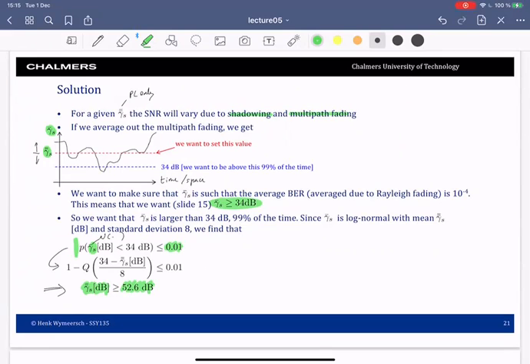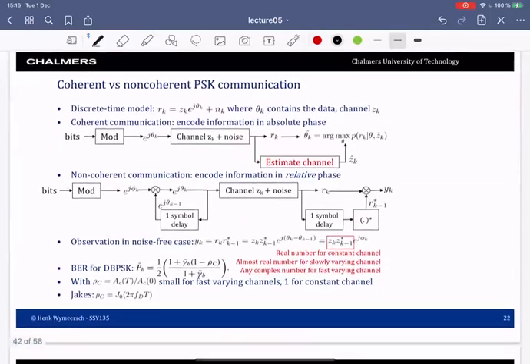If this is true, then given the shadowing standard deviation, we will make sure that we are above 34 dB 99% of the time. And then there we will have our average symbol error rate of 10 to the minus 4 by construction. So this is a bit more involved example, but at least it combines these two randomness notions.